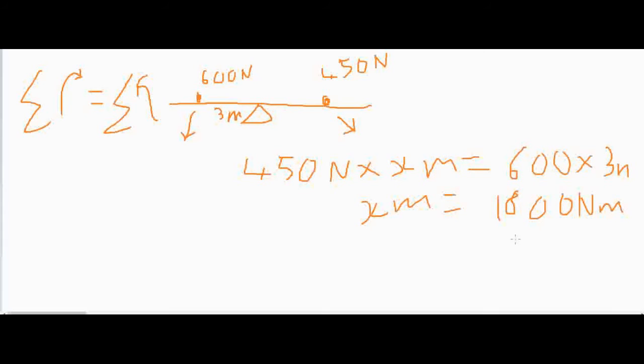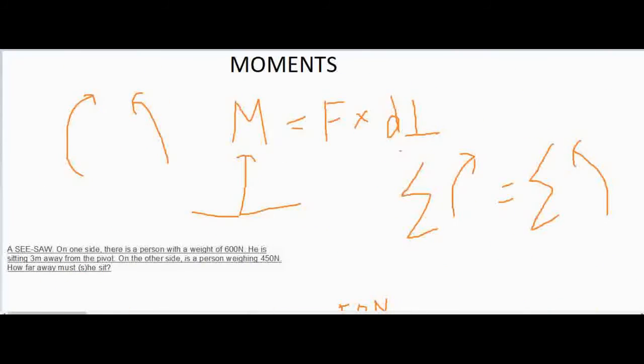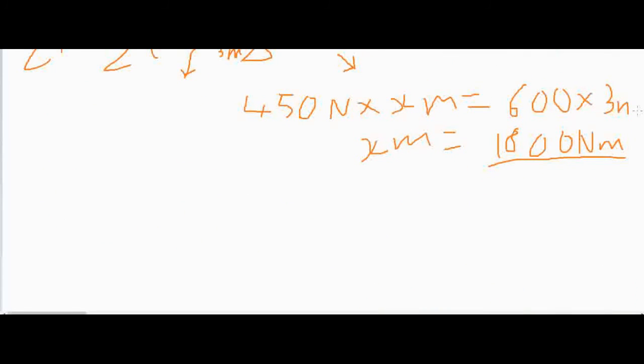Now remember, when you're doing equations that involve work, use joules. When you're doing moments, use newton meters. They're technically the same unit, but because you have the difference in type of distance, it measures two different quantities. And we would divide by the 450 newtons.